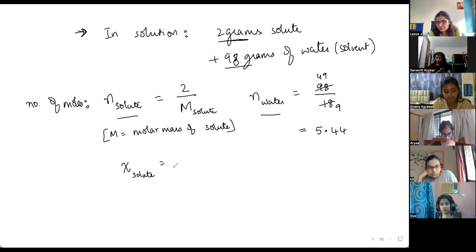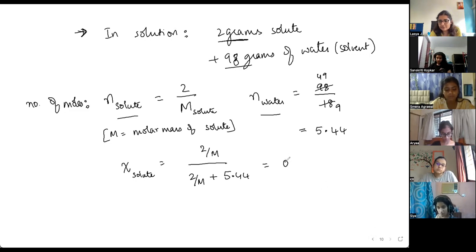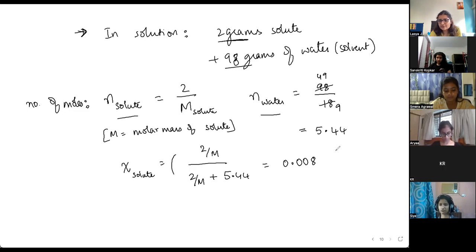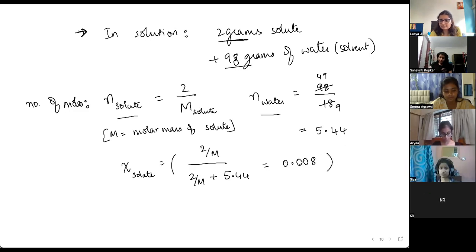So figure out the mole fraction. This will be 2 by M divided by total number of moles. Now this should be equal to what value did we get there? 0.008. Solve this equation and you'll get the value of M.